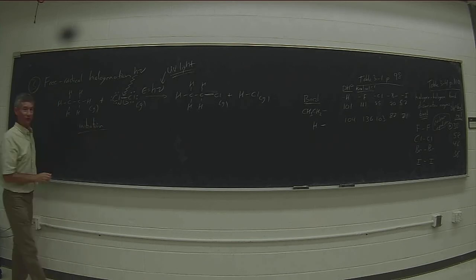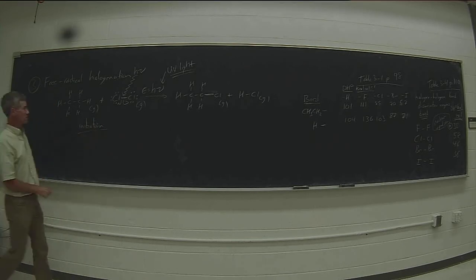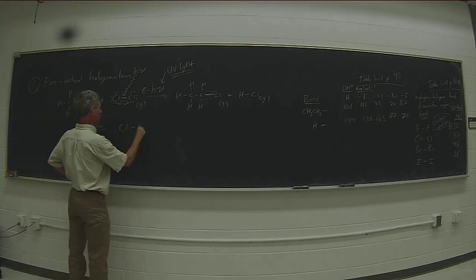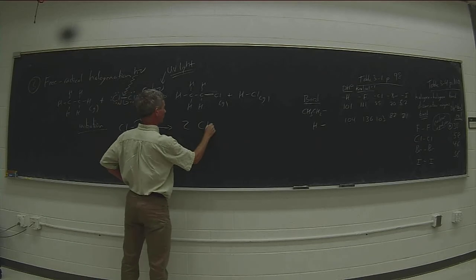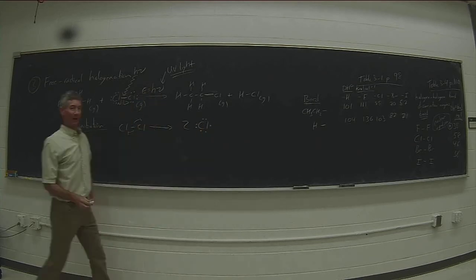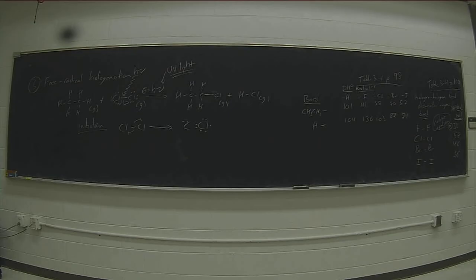We refer to that as an initiation step. What's happening is we're breaking a chlorine-chlorine bond to form two chlorine radicals, and that creates something that can continue a reaction. This will be what we call a free radical chain mechanism.